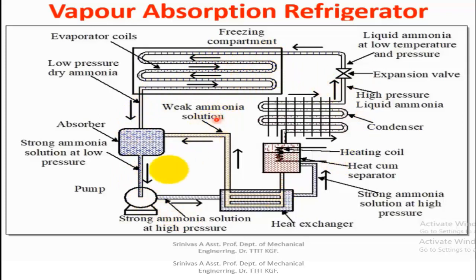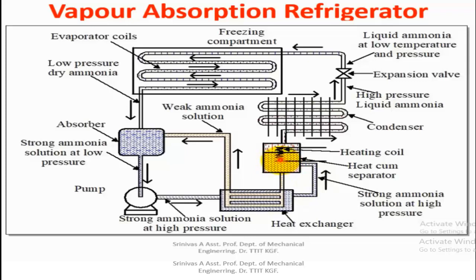And next, the ammonia solution cycle. In the absorber, the water will be present. This water absorbs the ammonia vapor, and it becomes a strong ammonia solution, and this is pumped to the heat exchanger. In the heat exchanger, heat is absorbed from the rejected weak ammonia solution, and again this warm strong ammonia solution passes through the heat come separator, and here it is heated.